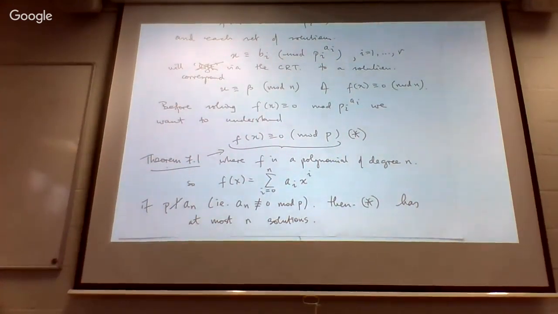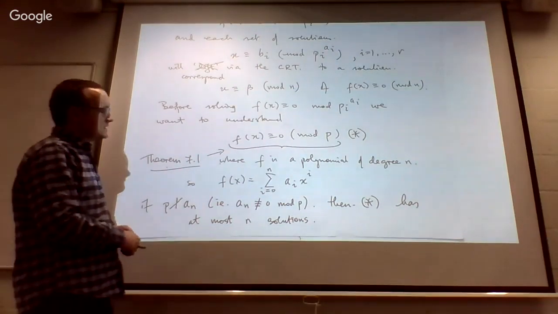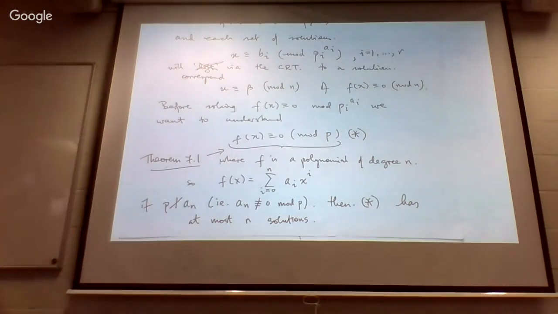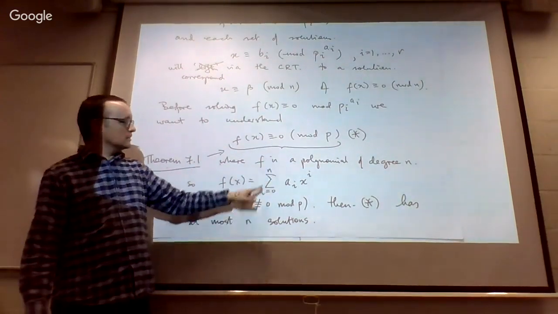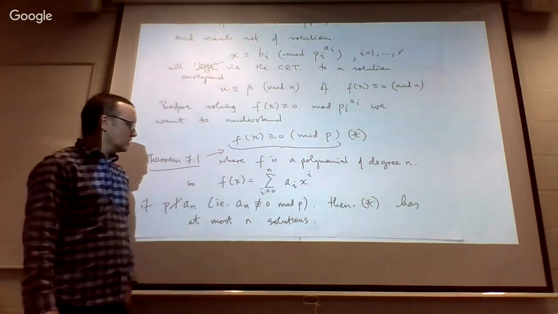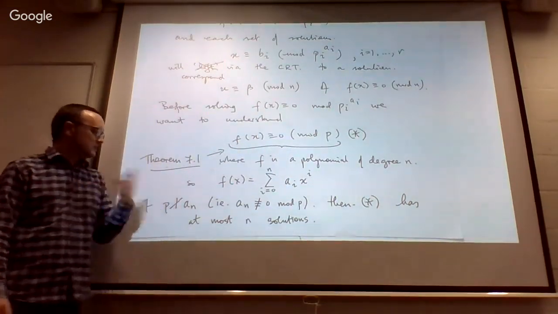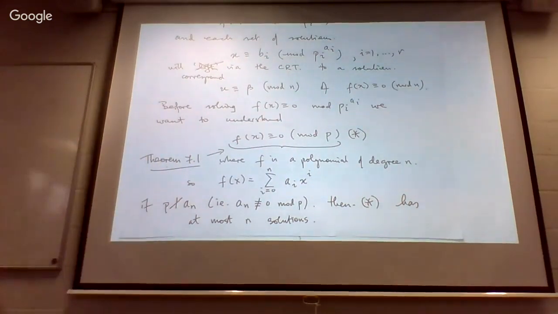Sometimes it might have no solutions at all. So it's not as good as the fundamental theorem of algebra, where it says it has exactly n solutions. It's a weakened form of that. So this n, the degree of the polynomial, gives us an upper bound on the number of solutions that the polynomial congruence will have.